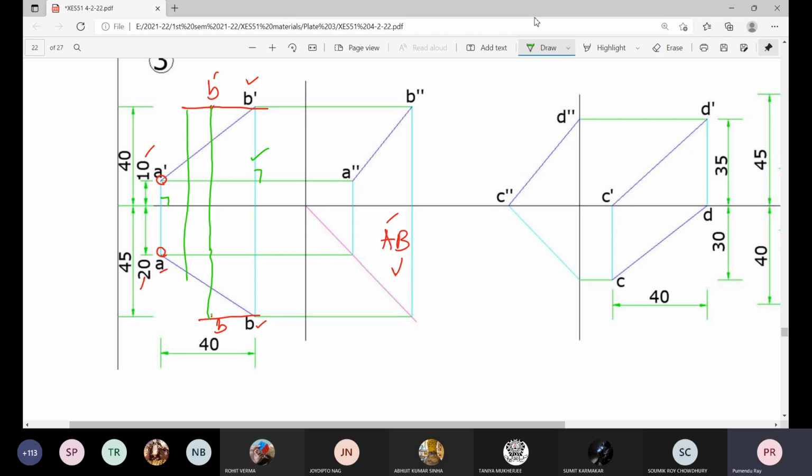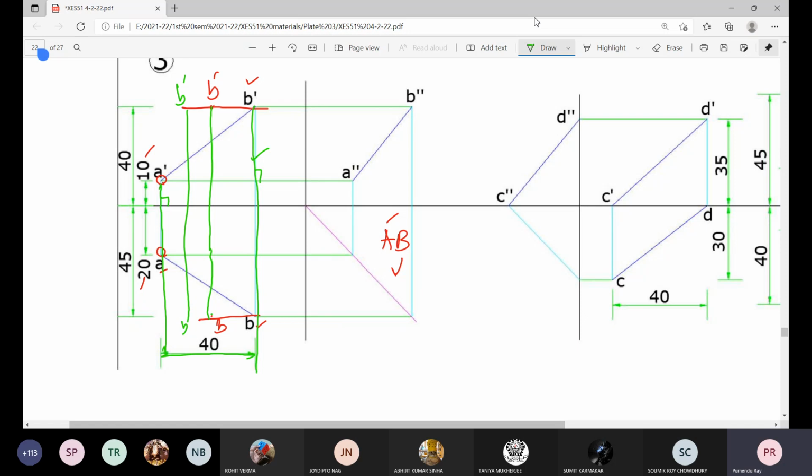It could be here also. But point B cannot be at any location arbitrarily. The logic given is that the projector through A and projector through B are at a distance of 40 millimeter from each other. Okay.